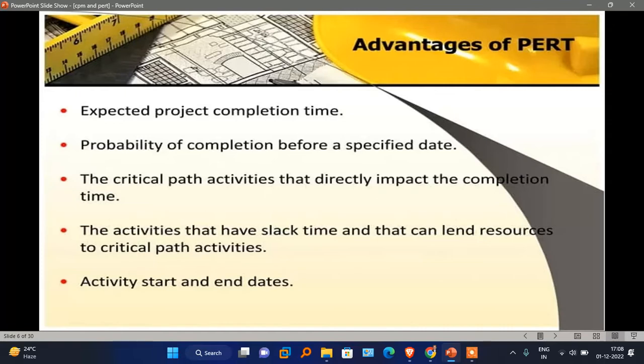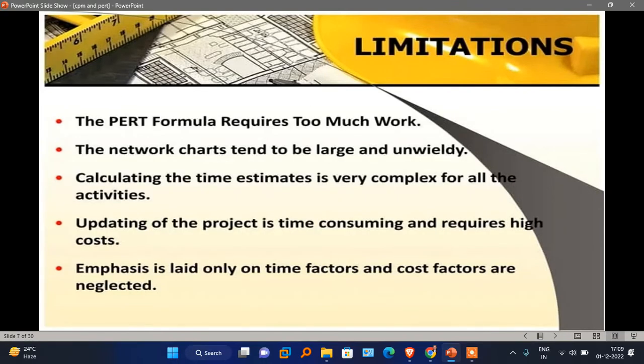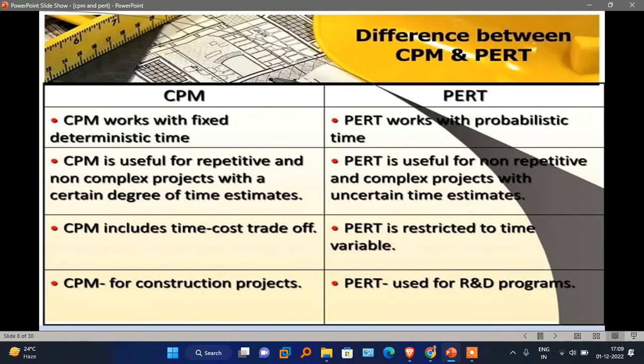Program evaluation and review technique is again an important aspect. In short, it has distinct advantages over CPM: expected time, project time, completion time. As far as PERT is concerned, we can go through its limitations and advantages, but before that, I would like to compare.